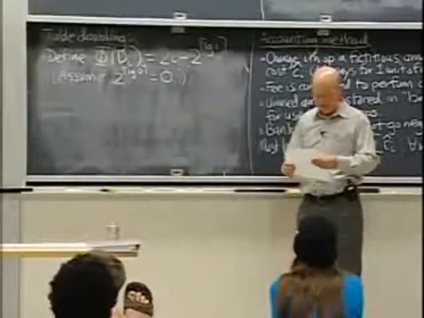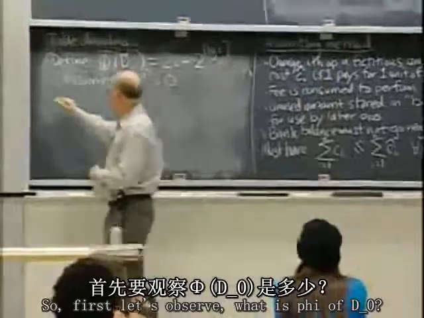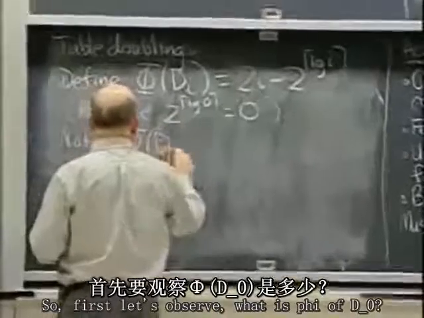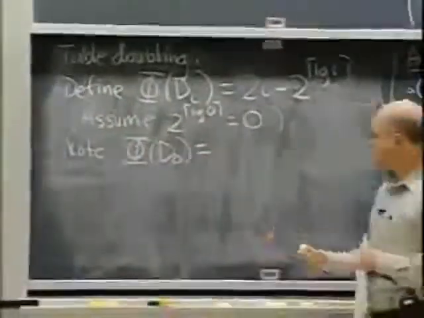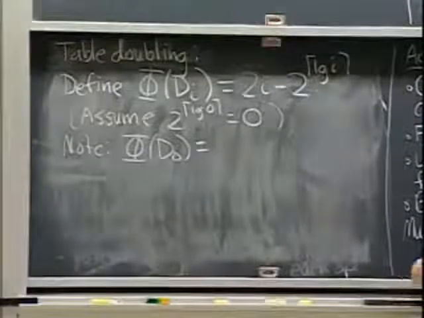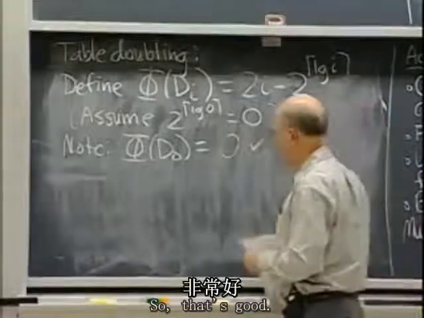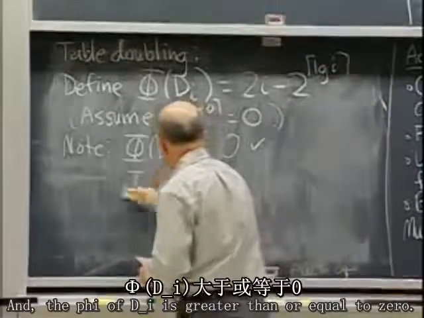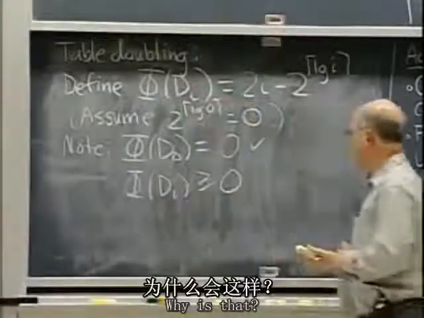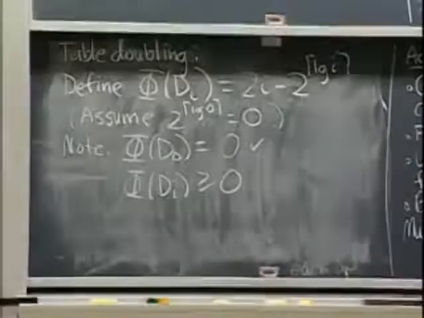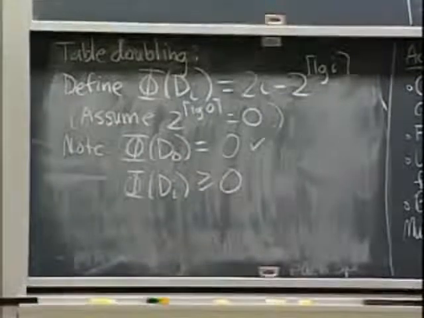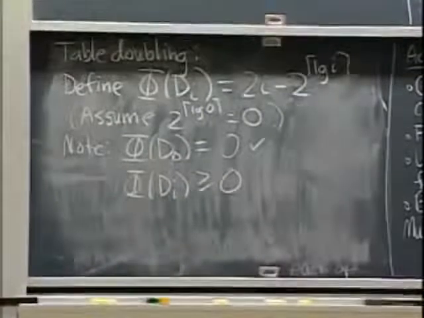Okay? So first let's observe what is phi of d0. Zero. So that's good. And phi of di is greater than or equal to 0 for all i.